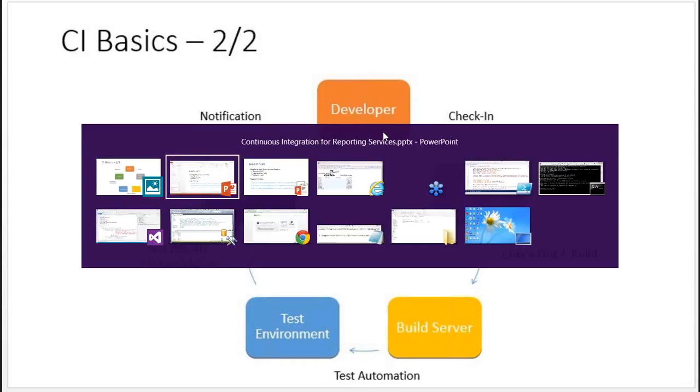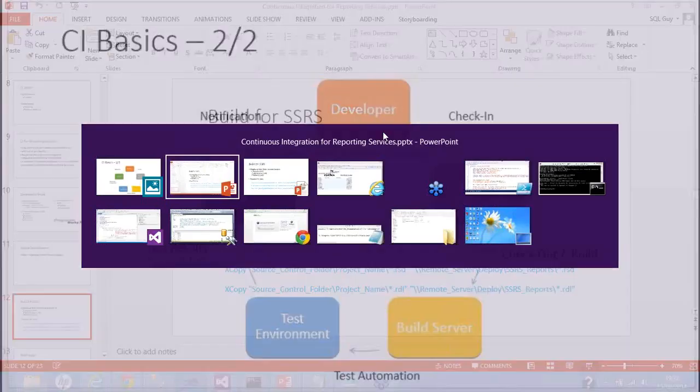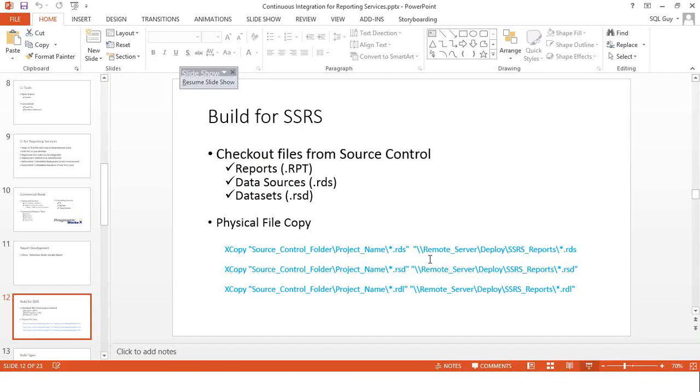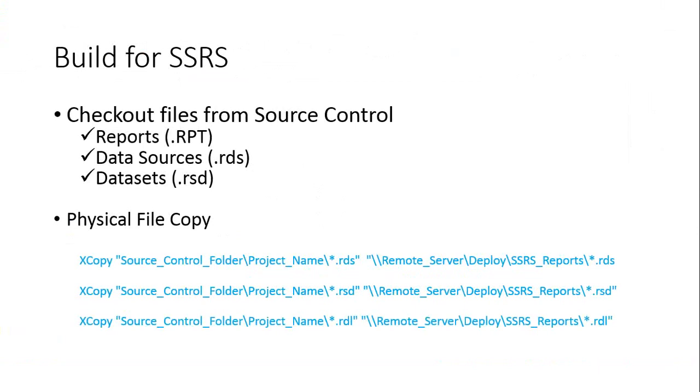The CI server will allow you to configure it to deploy, or to copy the files from source control to a given target environment. So assume this will be a physical file copy from one location to the other where you build and deploy.